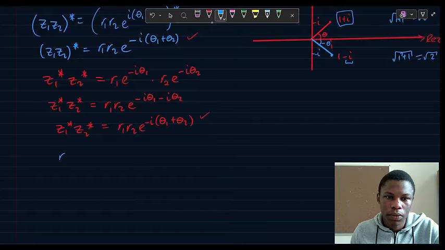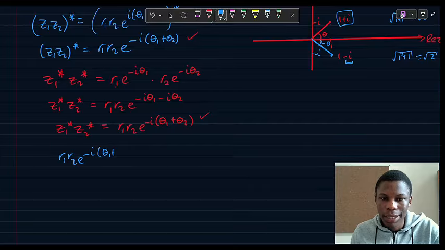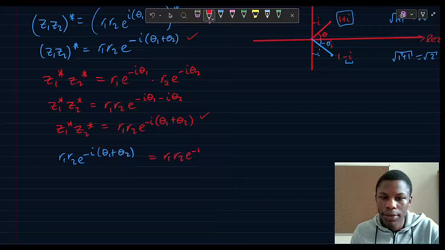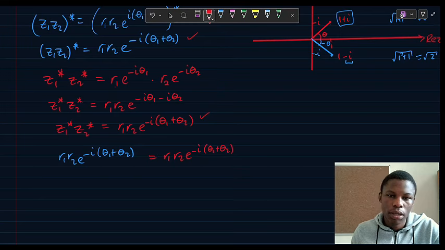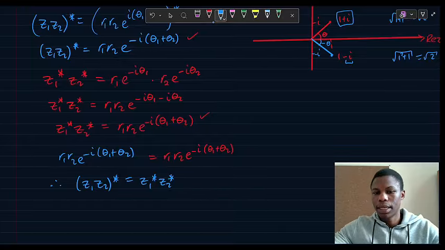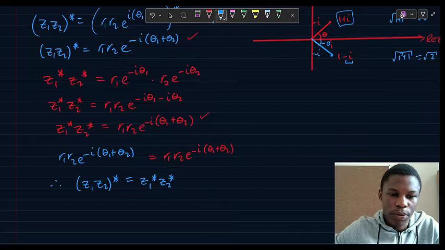Because R1 R2 e to the negative i (theta 1 plus theta 2) is equal to R1 R2 e to the negative i (theta 1 plus theta 2). And so therefore, (Z1 Z2) star is definitely equal to Z1 star Z2 star. And that is our final answer for part A.